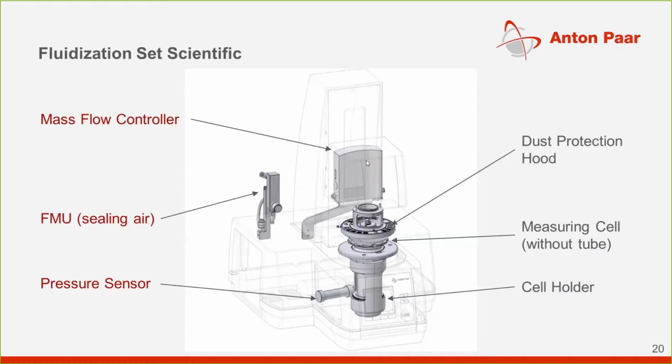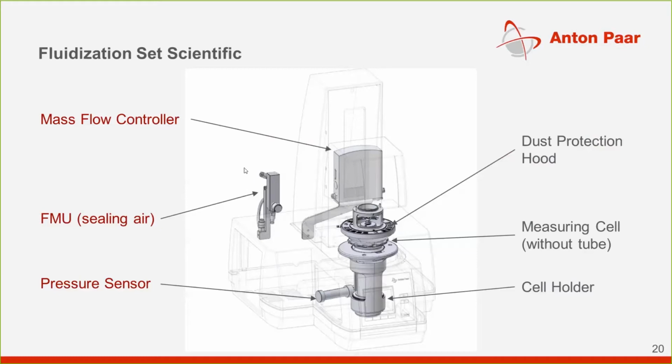For powders that are easy to fluidize, like metal powders or polymer powders that are used for additive manufacturing, you will rather go with a very small one, in a range of 0.05 to 5 liters per minute. If you want to fluidize more cohesive samples like cement or gypsum, then you'll rather use the largest one, which goes from 1 to 80 liters per minute.